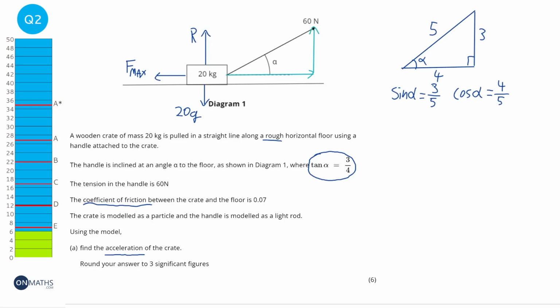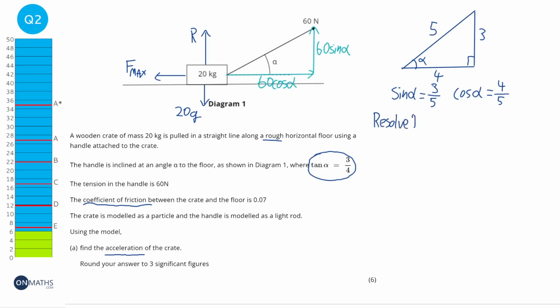So it says it's 60 newtons, so the horizontal force will be 60 cos alpha, and the vertical force will be 60 sine alpha. And looking at that now, I think that covers all of the forces that we have on the diagram. So the next thing we want to do is resolve.